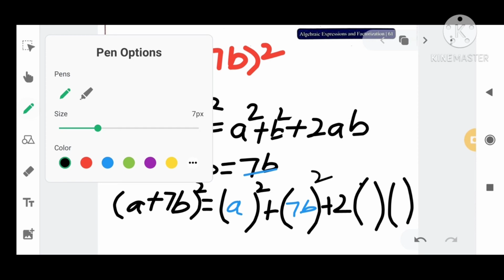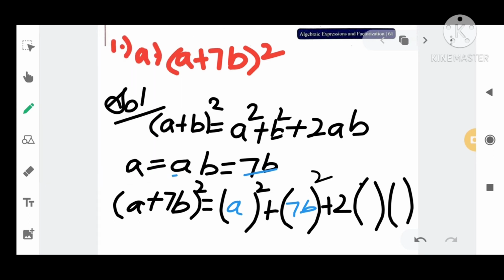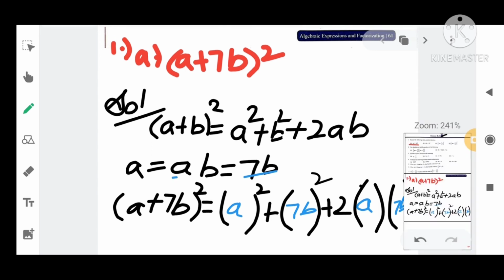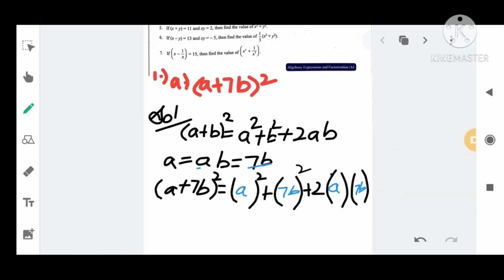And next I want to substitute 2 into a into b. So 2 into a into b means 2 into a, and b is nothing but 7b. Now we need to square the value of a, you get a square, and we need to square the value of 7b, it is multiplied twice.